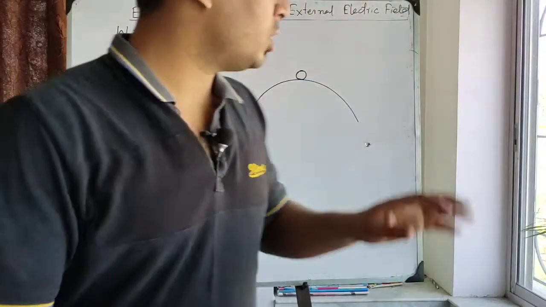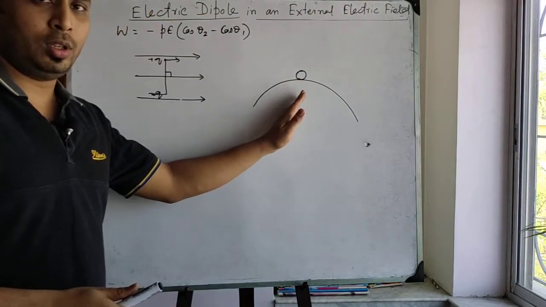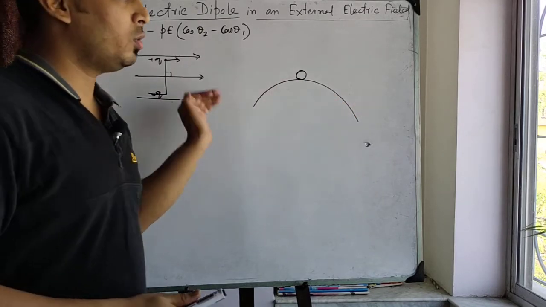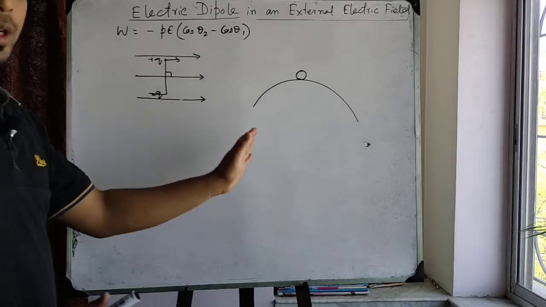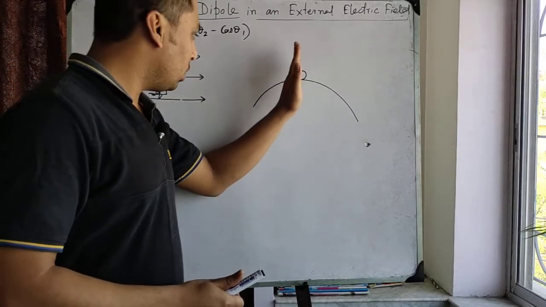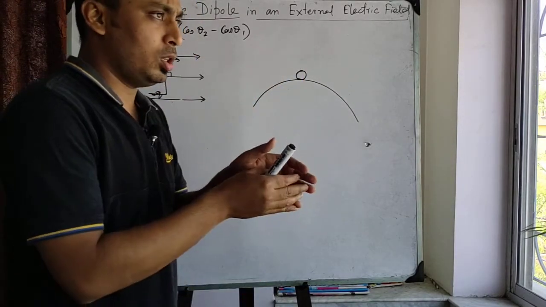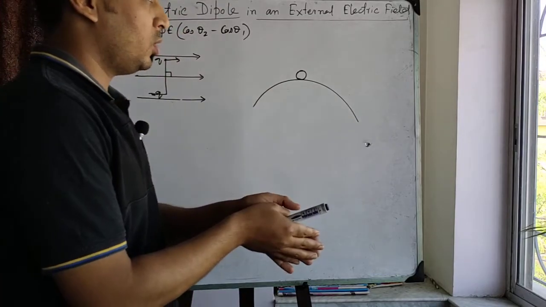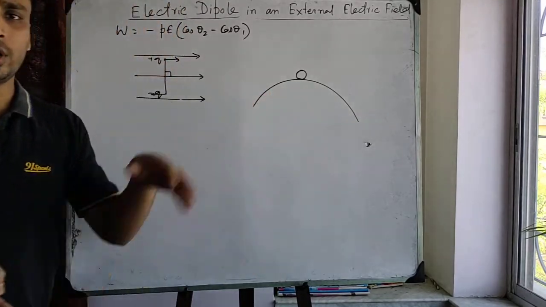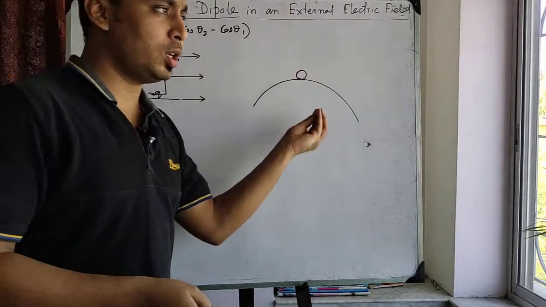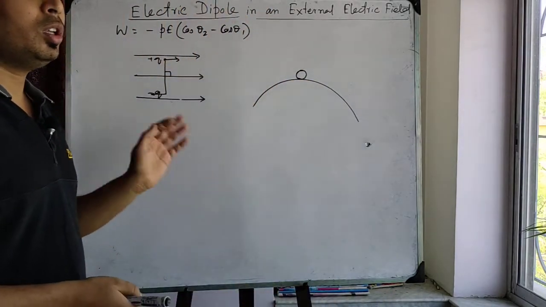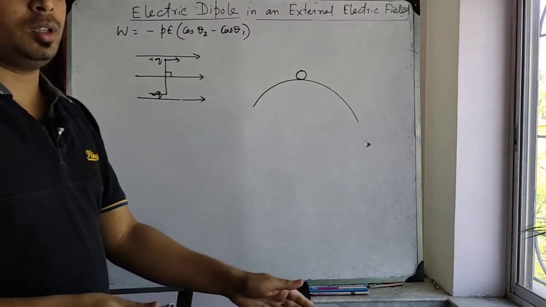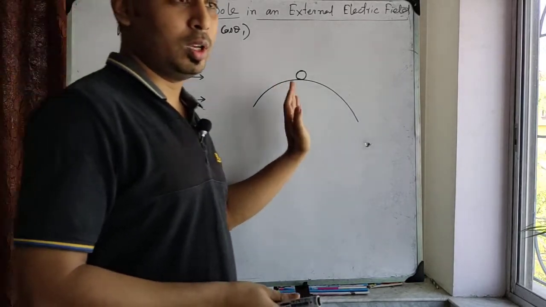So this is the unstable equilibrium position. If you disturb the ball, it will go away and never come back. The forces acting on the ball were balanced somehow, so the total torque acting on the ball is 0. That's why it is at static equilibrium. But if you disturb it, it will never come back to its equilibrium position again.